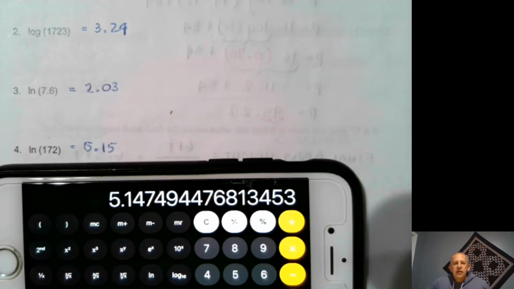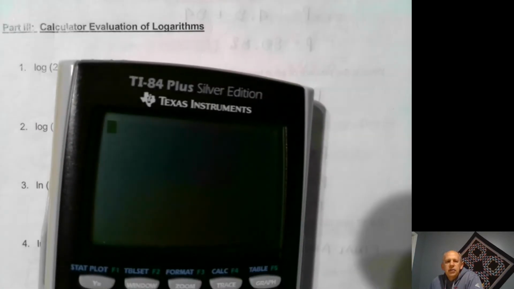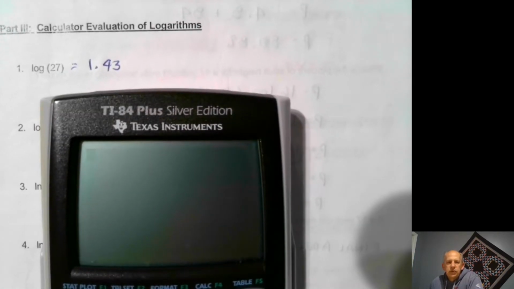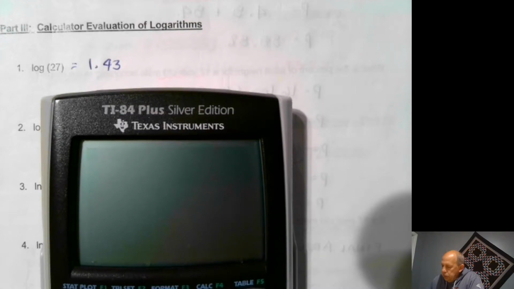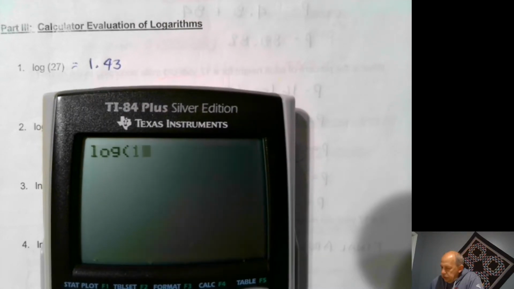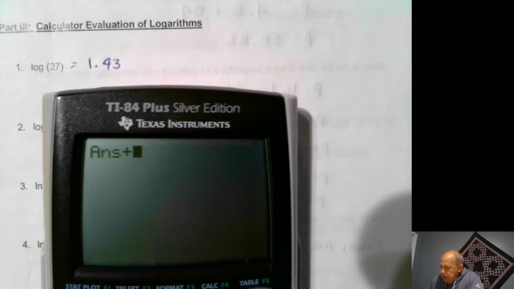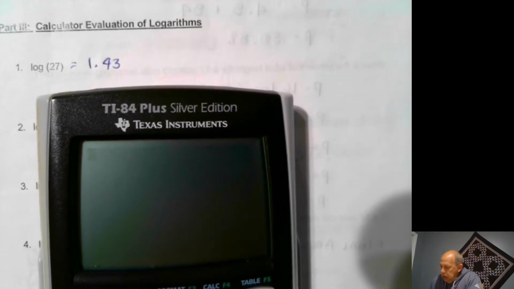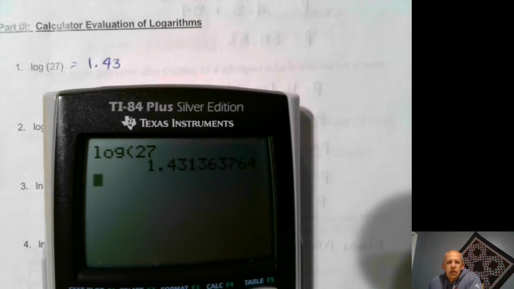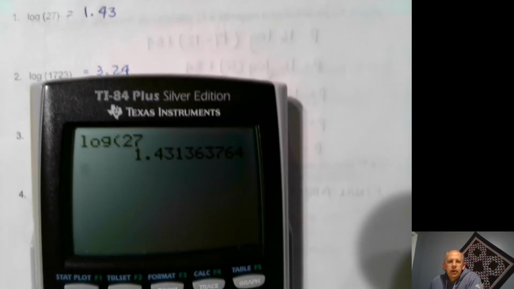Now, if you have a Texas Instruments graphing calculator, I can go through that as well, just in case that applies to you. Doing these real quickly, I think the keystroke is different than the cell phone. So log of 27, 1.43.